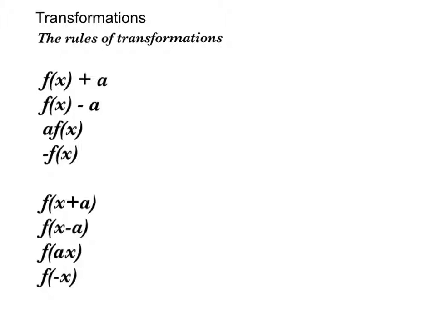So now we can start talking about our transformation rules and what these rules do to our original graphs. The reason we use transformations is so that we can very quickly sketch our original graphs in a different way.